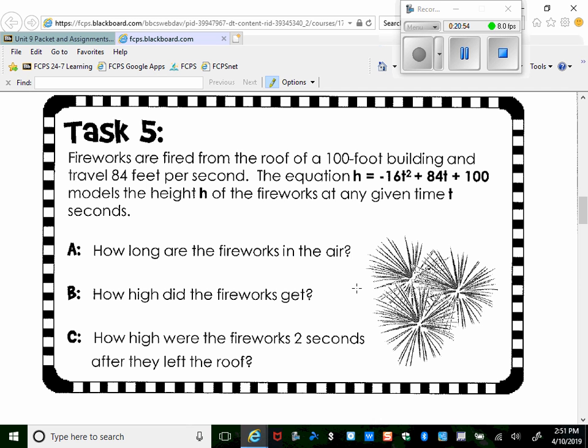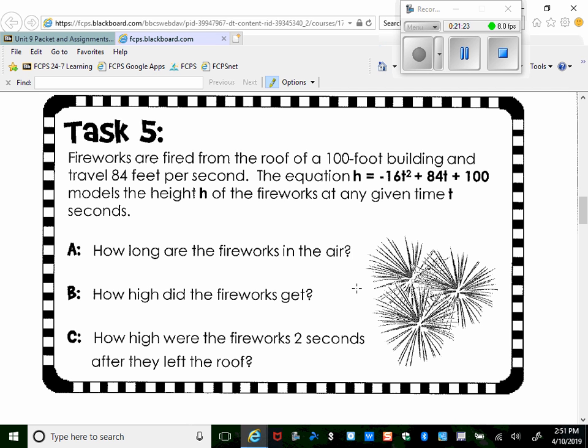The decimals are in your calculator as well, and I'll show you how to do it. But right now, you would have to show me the quadratic formula to get the x-intercept.